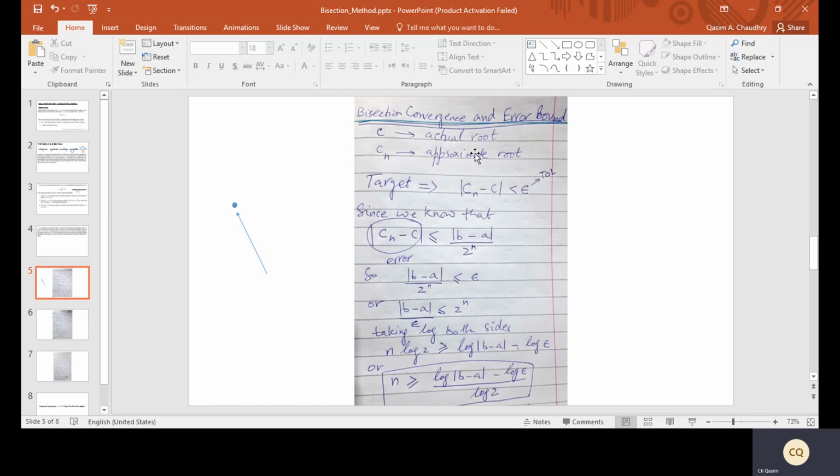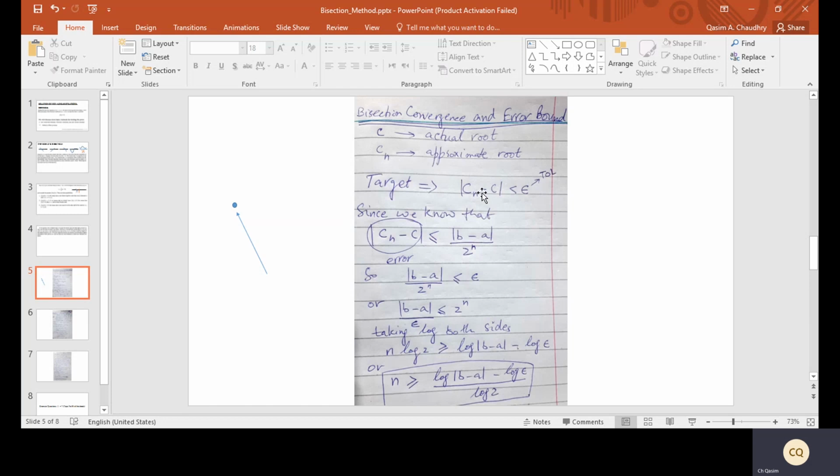Let's say c is your actual root and Cn is your approximate root: C1, C2, C3, C4, C5, the n values, n iterations. So the general term is Cn. What is your ultimate goal?